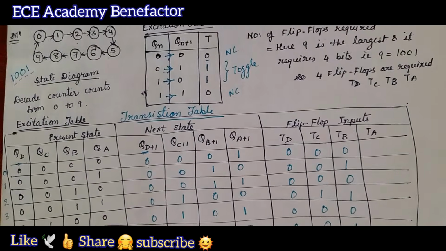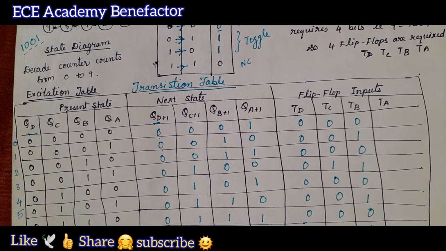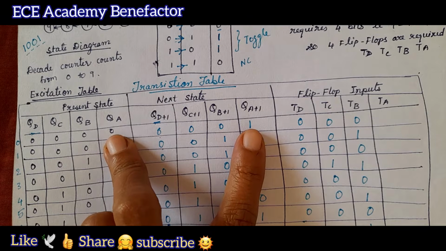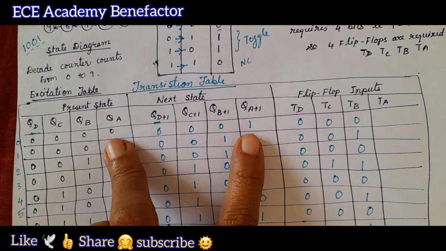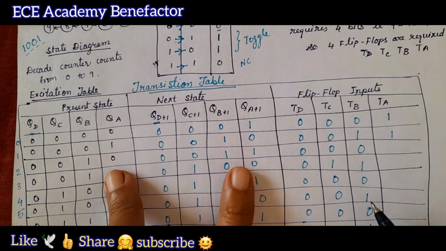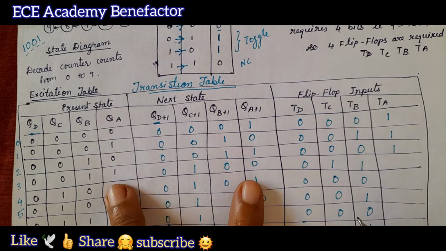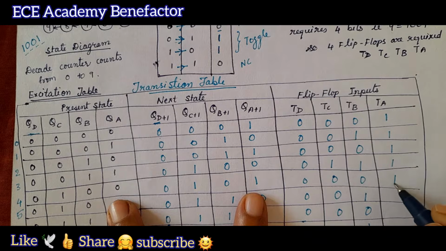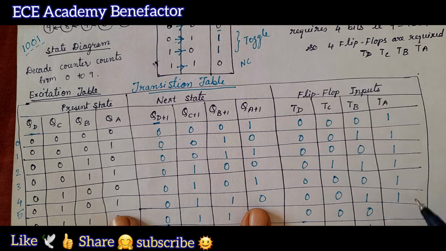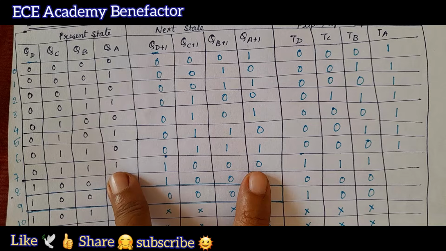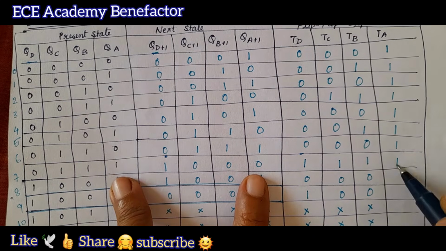Now let us fill this TA column. For filling the TA column we need to see QA with QA plus 1. Now see this one, 0, 1, there is a change, so it will become 1. For 1, 0 there is a change, 1. 0, 1 change, 1. 1, 0 change, 1. 0, 1 there is a change, so it is 1. For 1, 0 it will be 1.